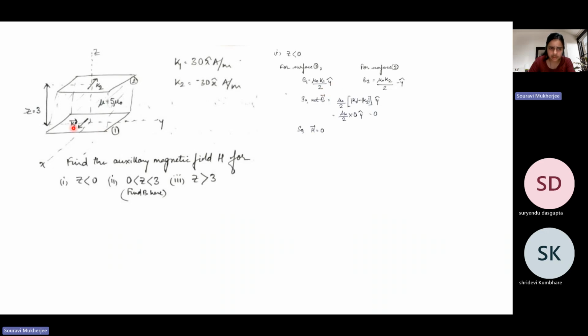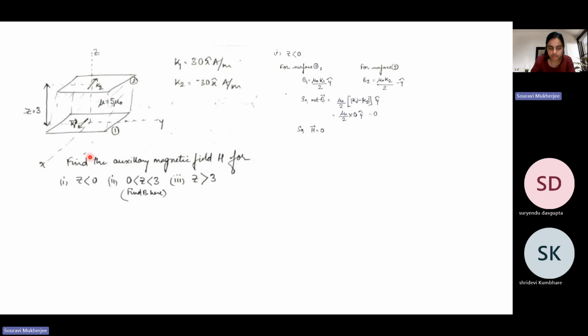How are we getting it? The field direction is given as the direction of the current element cross where we stand. Suppose the current direction is along x, and you are looking somewhere in the minus z direction.